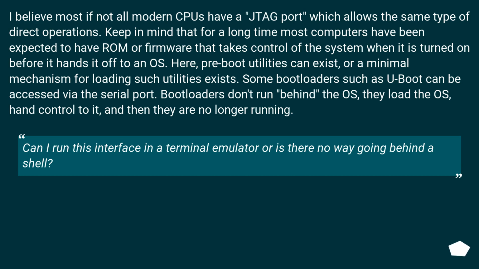Some bootloaders, such as U-Boot, can be accessed via the serial port. Bootloaders don't run behind the OS, they load the OS, hand control to it, and then they are no longer running. Can I run this interface in a terminal emulator, or is there no way of going behind a shell?